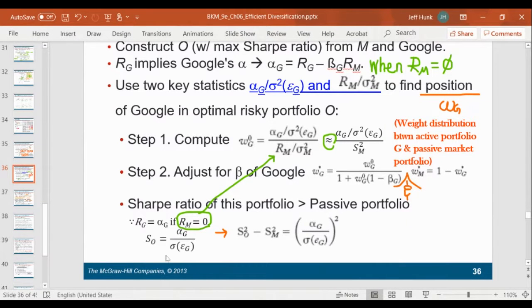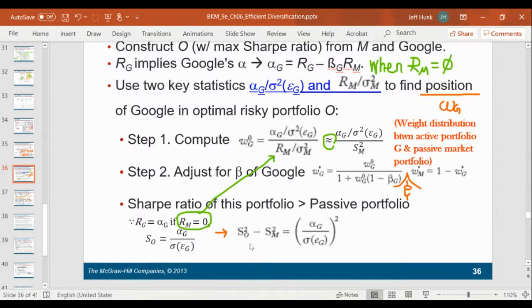The Sharpe ratio of the optimal risky portfolio is simply the Sharpe ratio of Google, right?